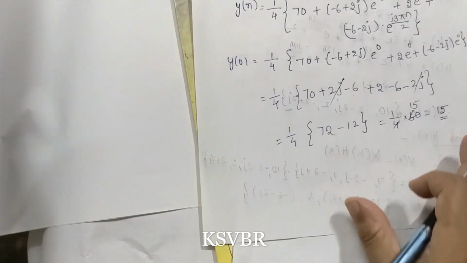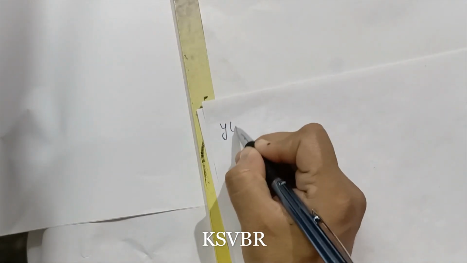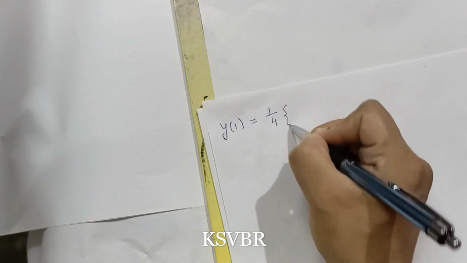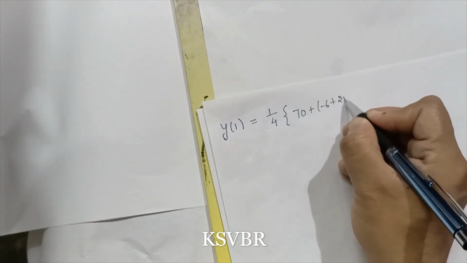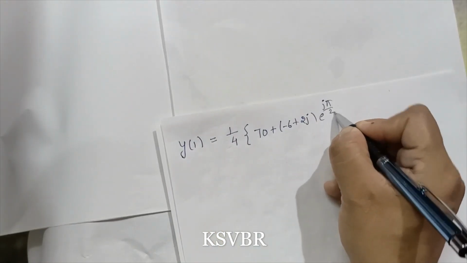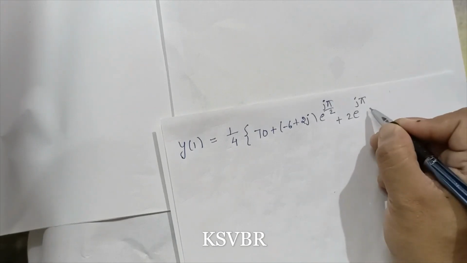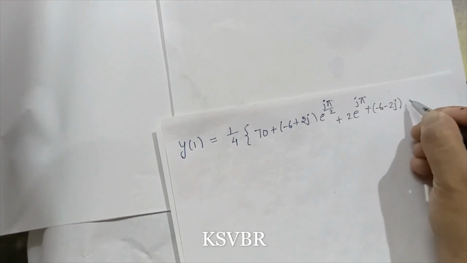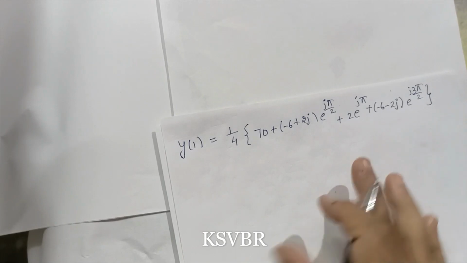So y(1), what will be y(1)? We have to substitute. There y(1) is equal to 1/4 into 70 plus (-6+2j) into e^(jπ/2) plus 2 e^(jπ) plus (-6-2j) into e^(j3π/2). Okay.